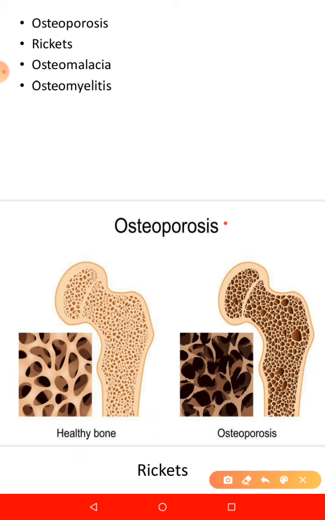So osteoporosis is a bone disease characterized by loss of the bone matrix and minerals. So the bone becomes porous. That's why it's called osteoporosis. This is a healthy bone. This is a bone with osteoporosis. So there is loss of the bone matrix and minerals.